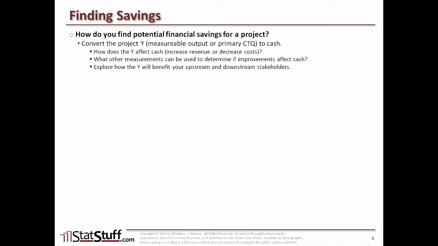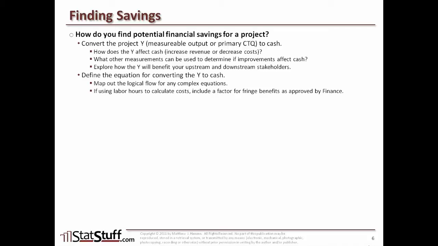The next thing then is to define the equation that you would use for converting that key metric, the project Y, to cash. If it's a complex equation, I definitely recommend mapping out the flow of logic you're using to calculate it, maybe in Excel or something like that. And if you're using labor hours to calculate costs, be sure you get with your finance folks so that you account for the particular fringe benefits factor that they use for calculating labor.